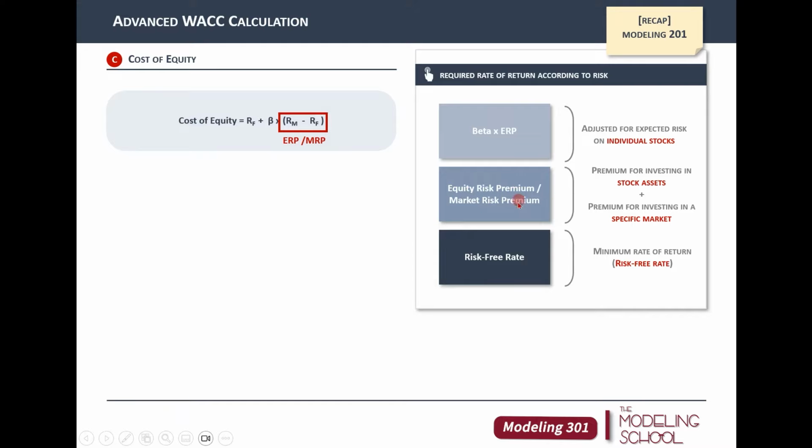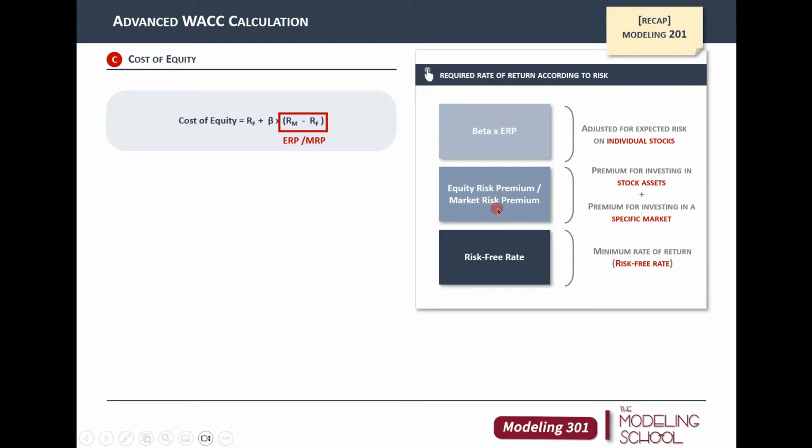First, we had risk related to the asset characteristic itself, because if we consider government bonds, equity or stocks by nature is much riskier than bonds. So we added a risk premium for that. We also added a market risk premium because, if we consider risk-free rate as US government bonds, US is considered one of the least risky countries in the world.